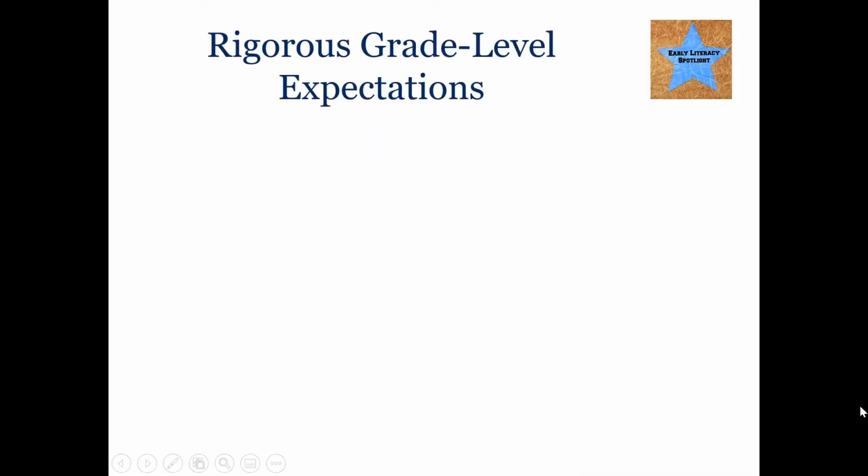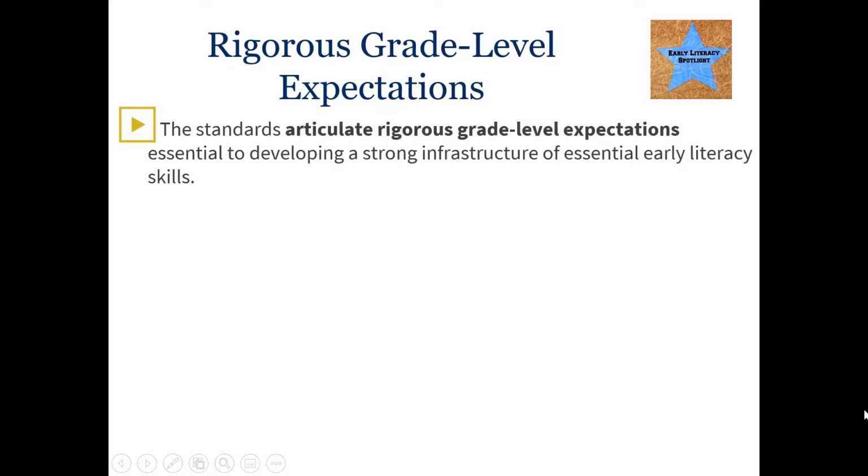Let's take a minute and talk about that rigor, the rigorous grade level expectations for K-5. Now, the standards articulate that rigorous grade level expectation, and it's for beginning, developing that infrastructure for the essential early literacy skills that students are going to need as they progress through the years.